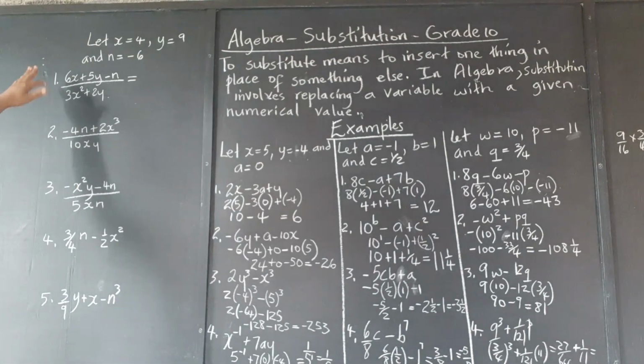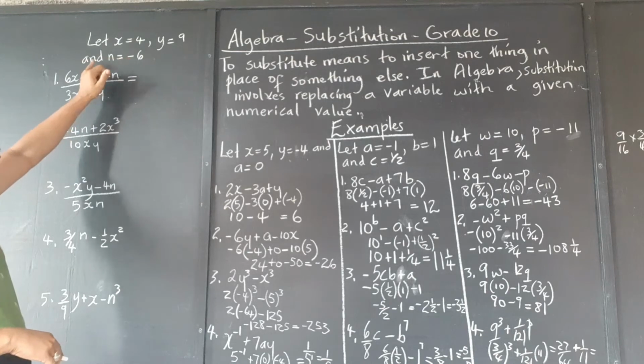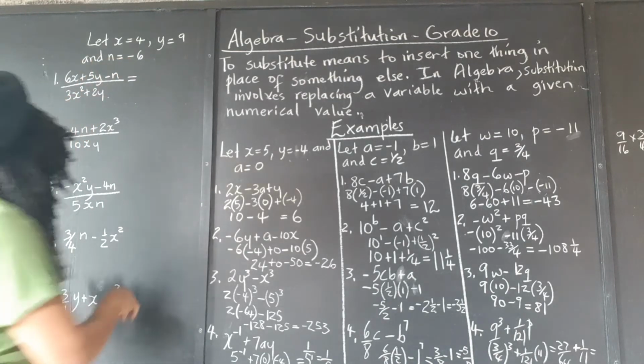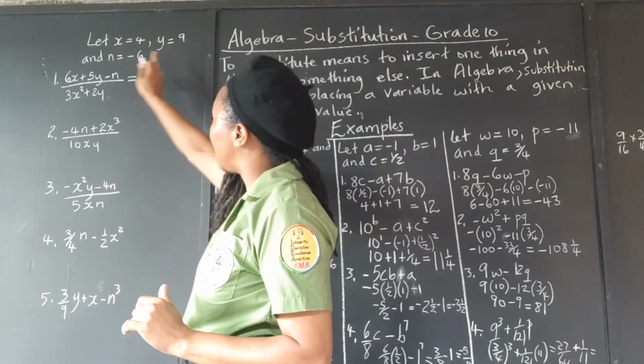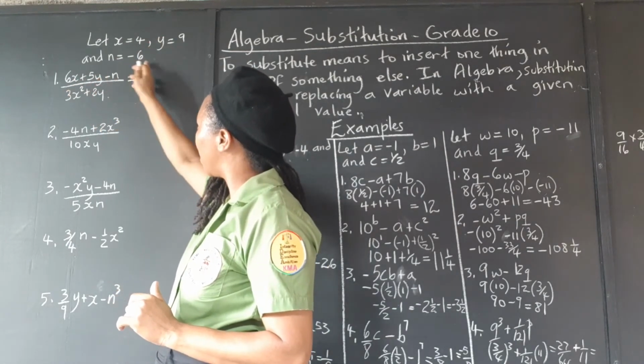So we're substituting. Let x be 4, y be 9, and n negative 6. Right? So wherever x is, we're going to put 4. Where y is, we're going to put 9, and n, we're going to put negative 6.